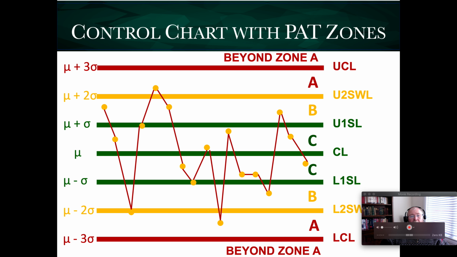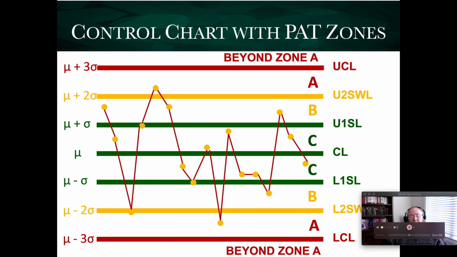And then zone A is the data that would plot anywhere between 2 and 3 standard deviations away from the center line. So the one that you see near the upper right-hand corner of this chart would be data that would plot between the upper 2 standard deviation warning line, or the upper yellow line, and the upper control line, the upper red line.